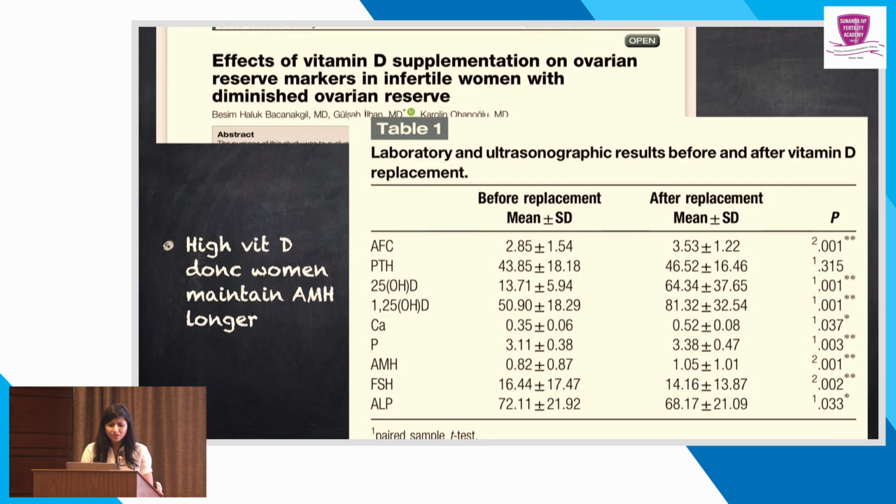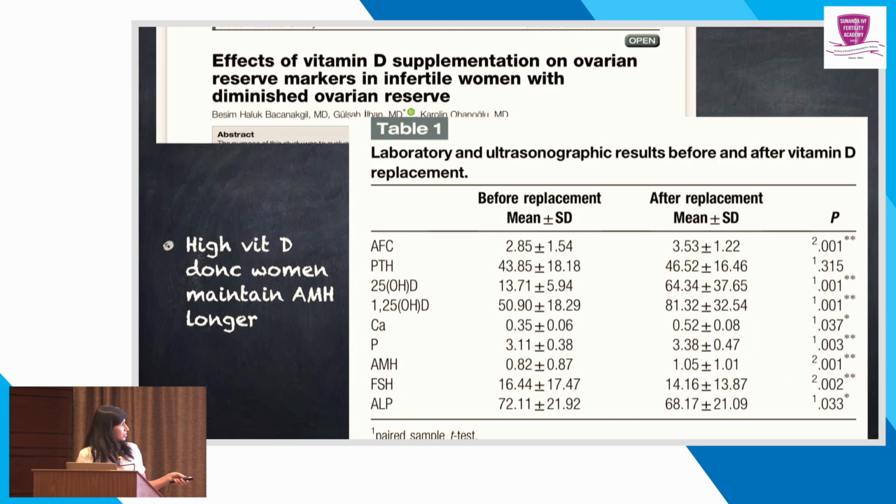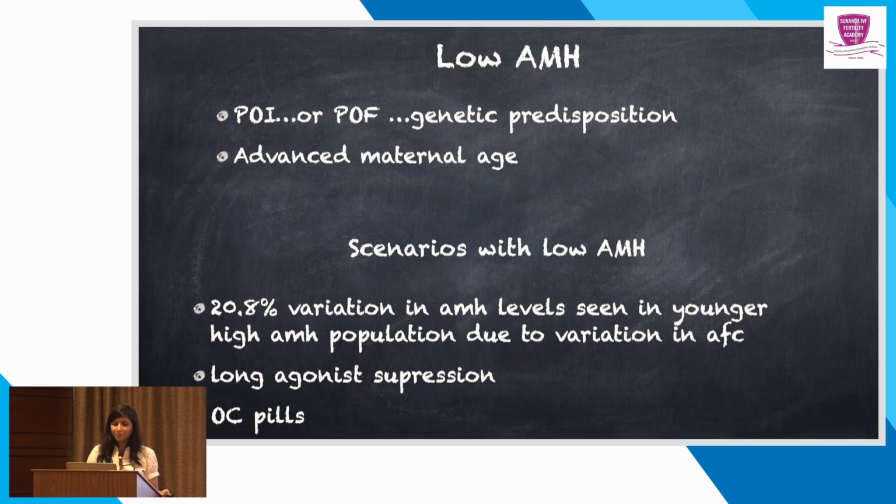After replacement of vitamin D, they saw an increase in the AMH level, and in patients with low ovarian reserve, they found that if you give vitamin D continuously, it will maintain their AMH for longer. So the decline of AMH will be prevented, which is otherwise faster in this particular patient. And I have seen an increase in the AFC in patients who have diminished ovarian reserve.